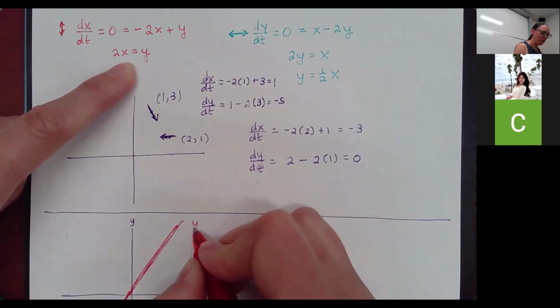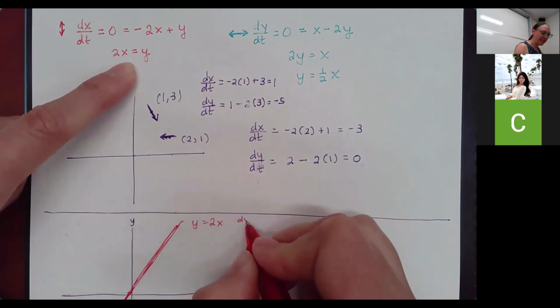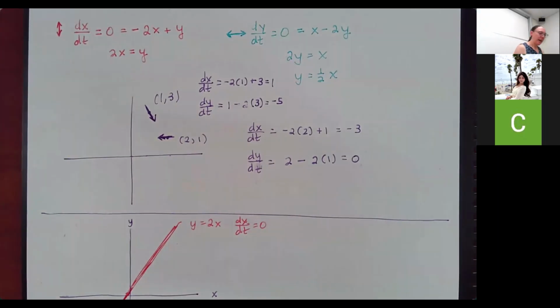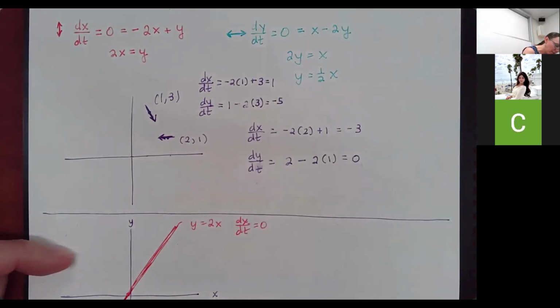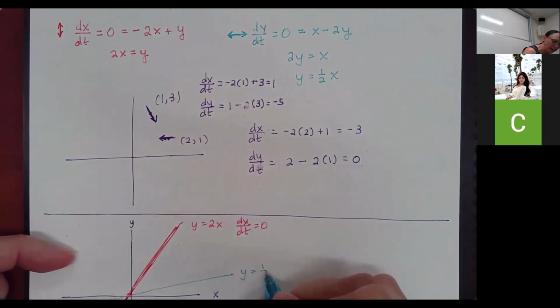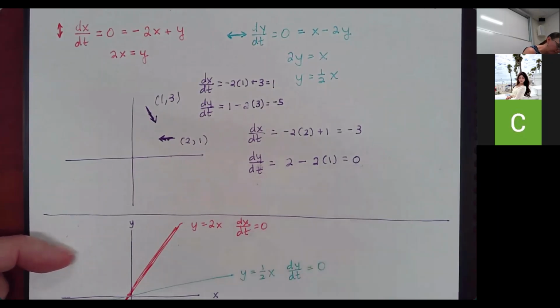So that's y equals 2x, and that is my dx dt is equal to 0 nullcline. And along my dy dt is equal to 0, y equals 1/2 x. So y equals 1/2 x, and that is my dy dt equals 0 nullcline.